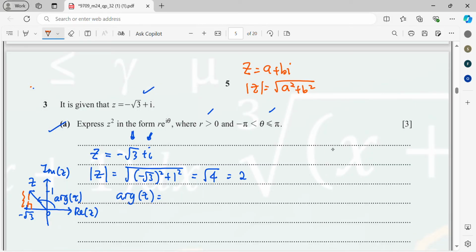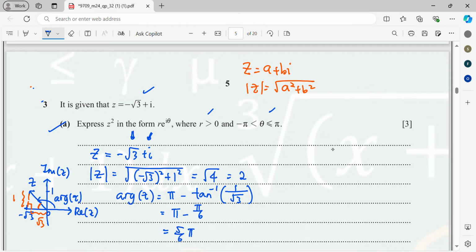So I know that this is 1 unit and the horizontal distance is square root 3 units. So I may find this angle using inverse tangent, because you are given the opposite and adjacent sides. So which means now, your argument z is basically pi minus inverse tangent of the vertical distance 1 over the horizontal distance square root 3. Then from here, you will be getting pi minus pi over 6, which is 5 over 6 pi.